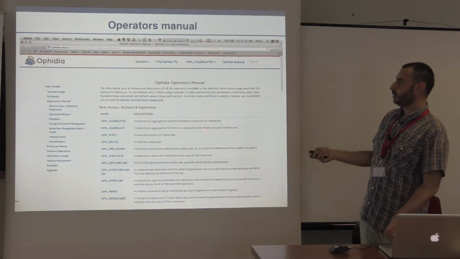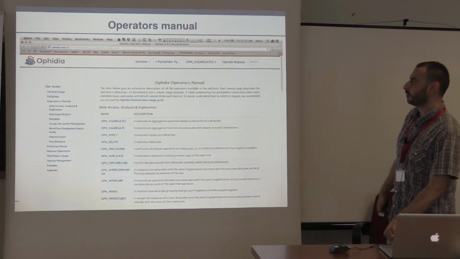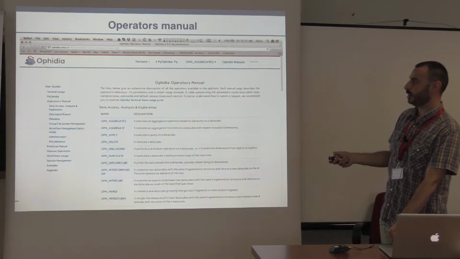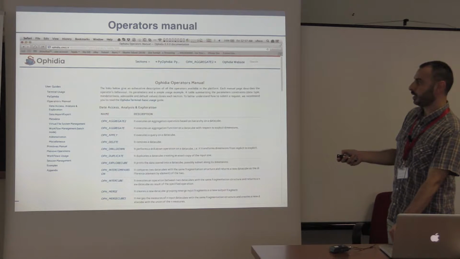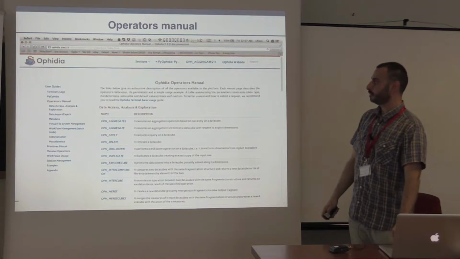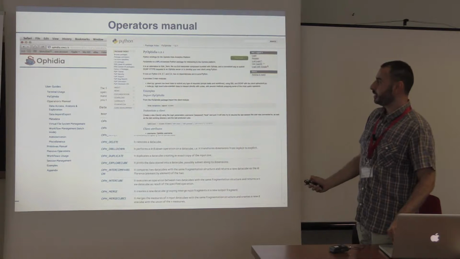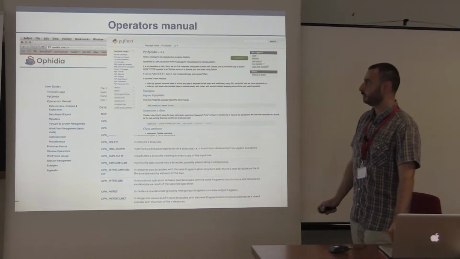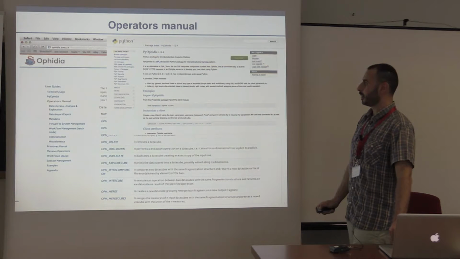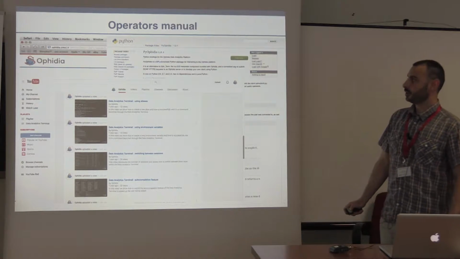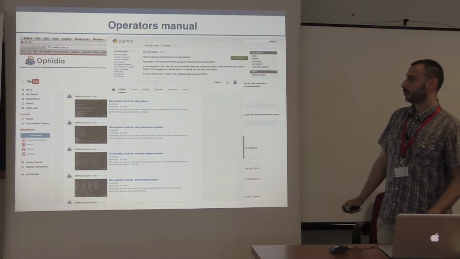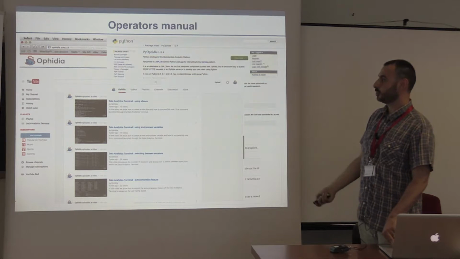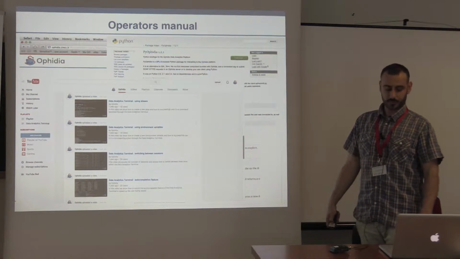This is an example of the Ophidia operators manual, the list of all the operators with a brief explanation. And this is the page for Ophidia 1.2.1. We also have a YouTube channel, Ophidia Big Data, where you can find many tutorials, videos, and examples.